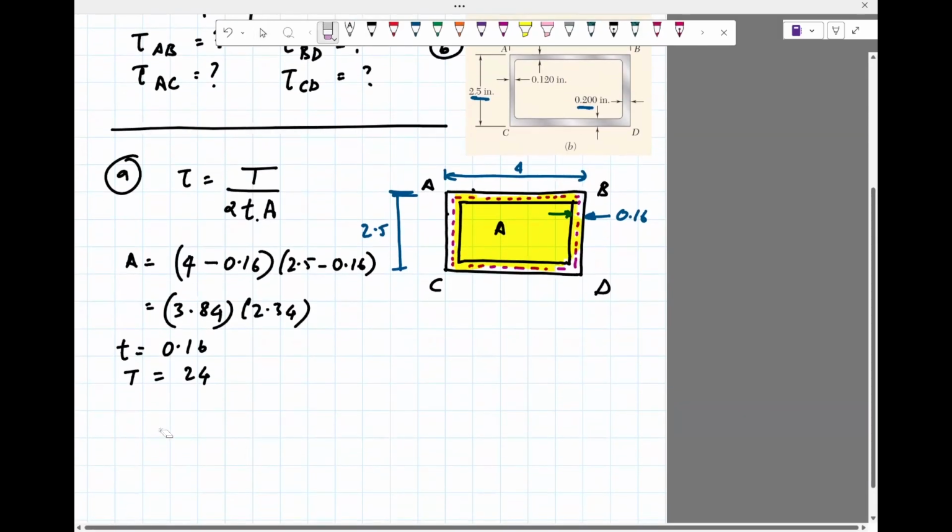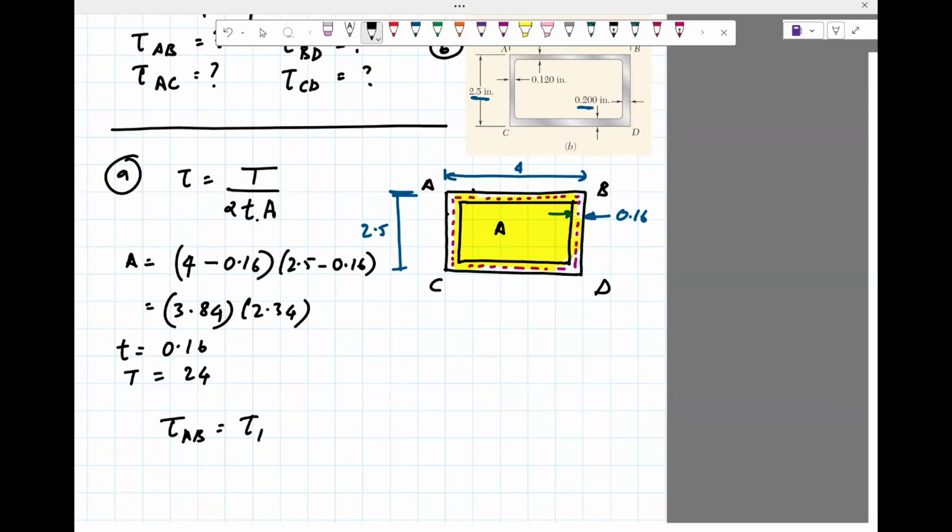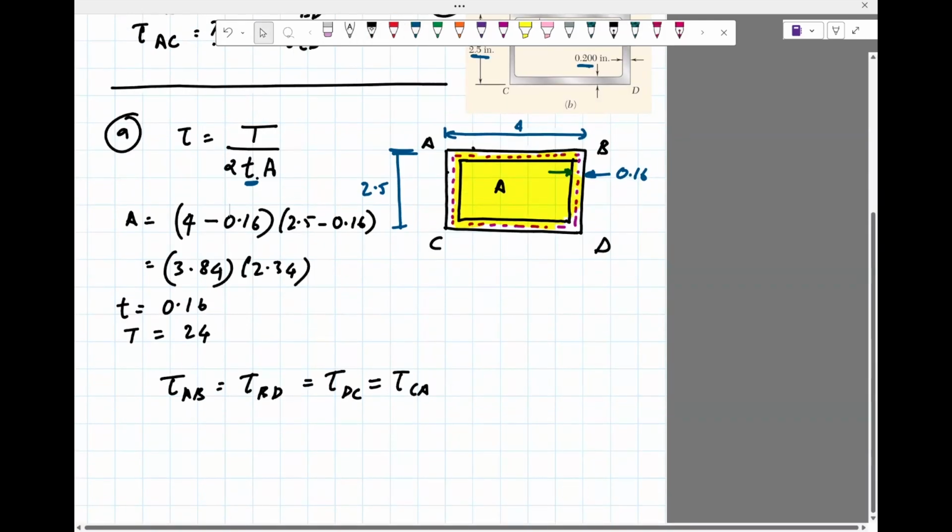Okay, so we can say that the shear stress in AB equals shear stress in BD equals shear stress in DC equals shear stress in CA. And this is only true because the thickness is the same. The only thing which is going to be different for the two problems is the thickness, because area is going to be the same, torque is going to be the same. The thickness is the same, so we have the same shear stress.